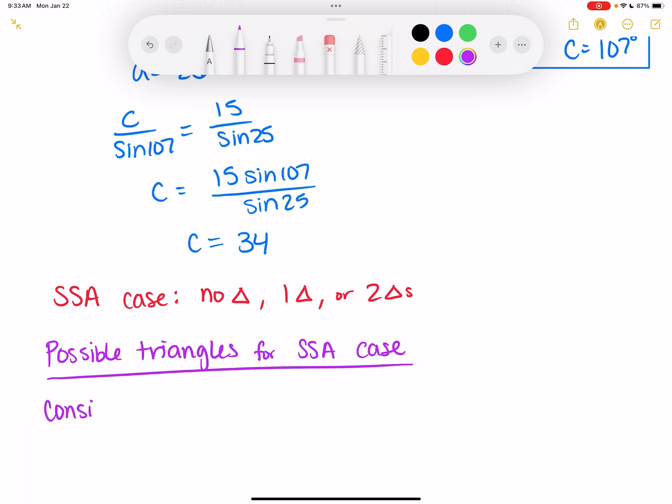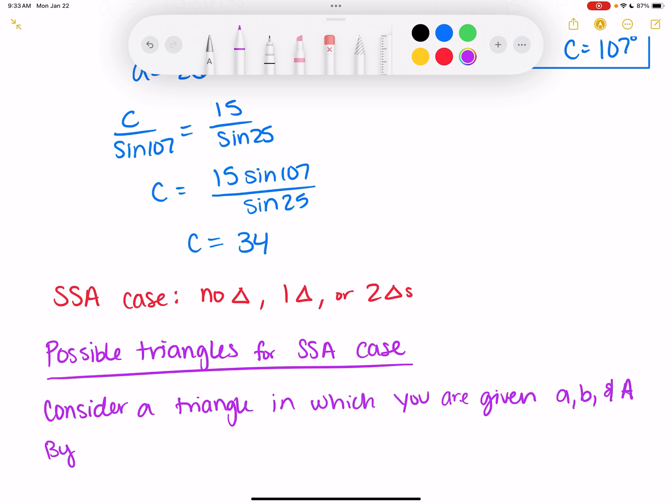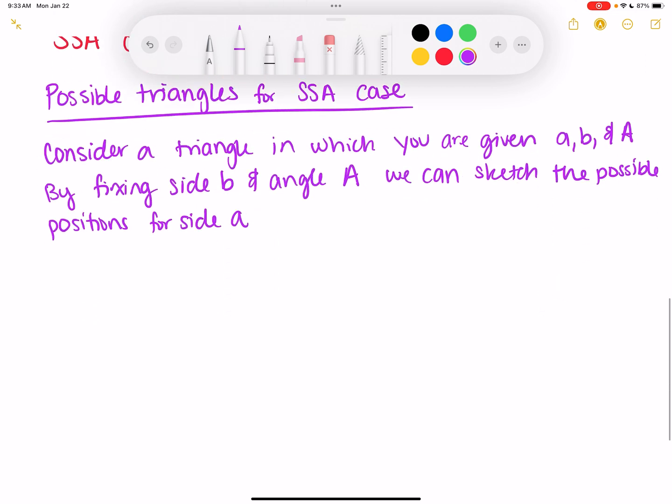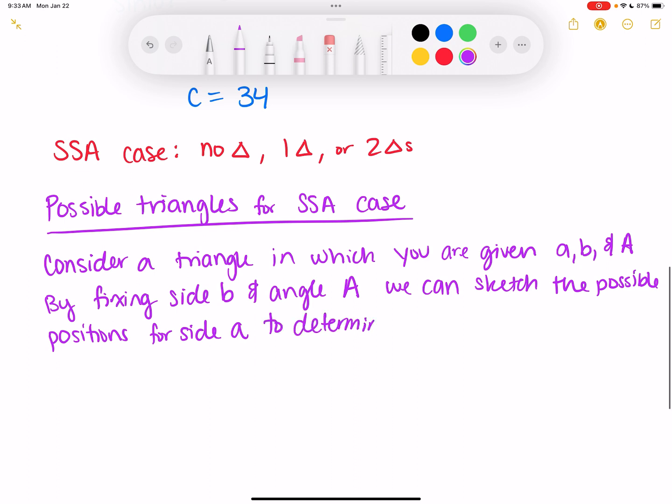Consider a triangle in which you are given side A, side B, and angle A. By fixing side B and angle A, we can sketch the possible positions for side A to determine the number of triangles that will be formed.